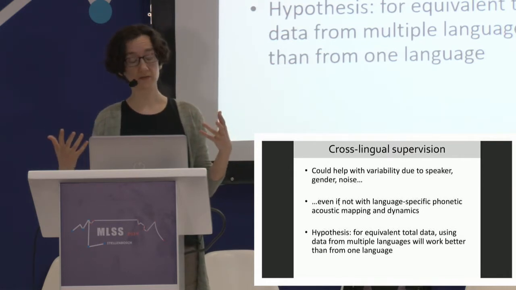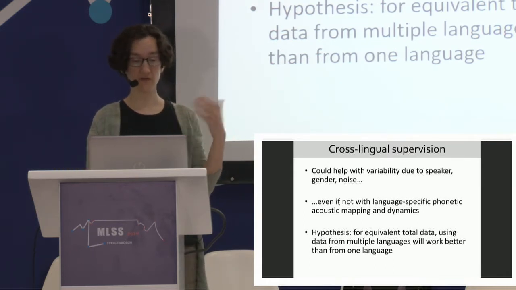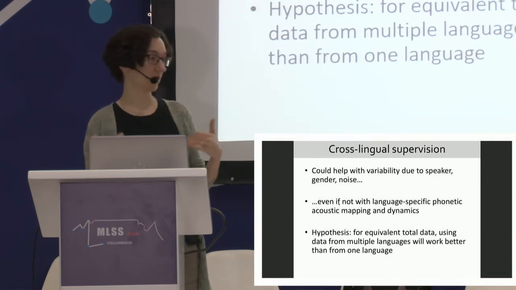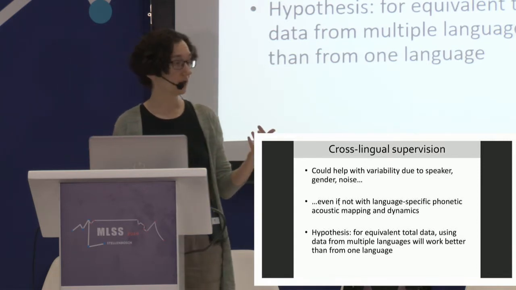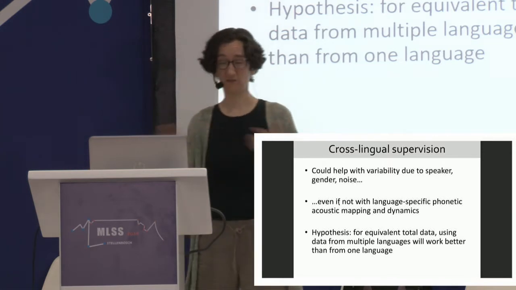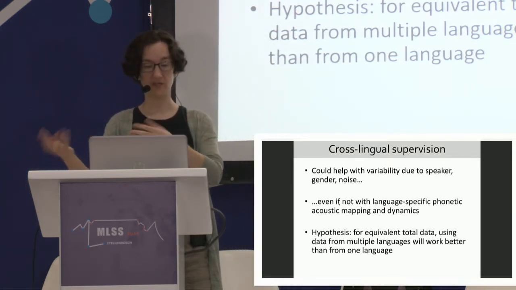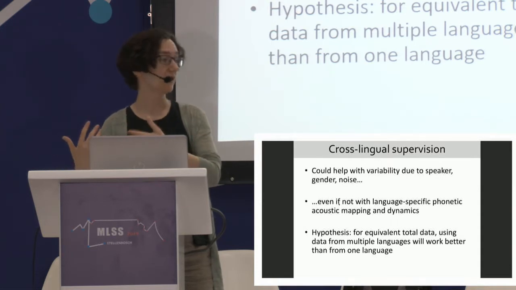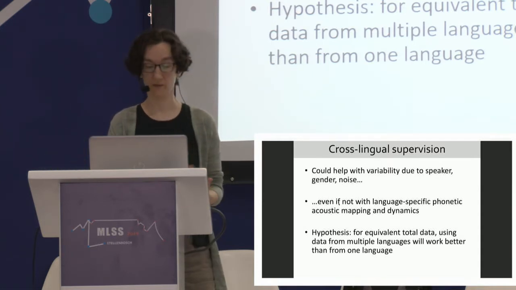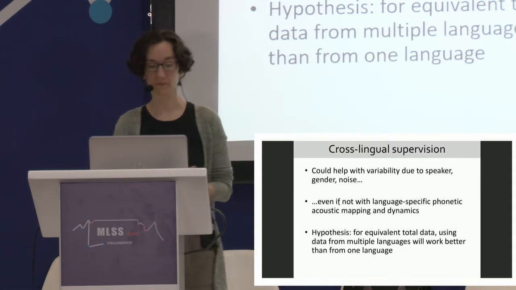On the other hand, we might expect that the variability due to speaker and gender and noise in the channel probably doesn't differ that much between languages. And so if we can learn from some other languages how to abstract away from those things, maybe that will help a lot in the language that we're looking at, our target language.